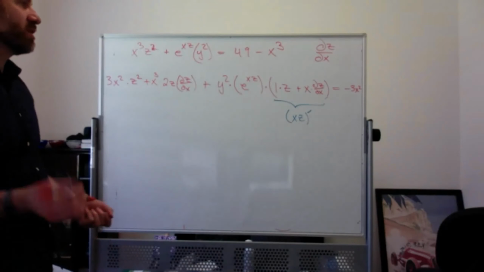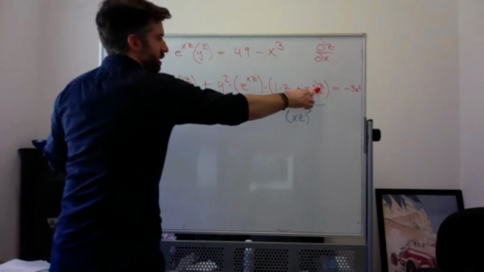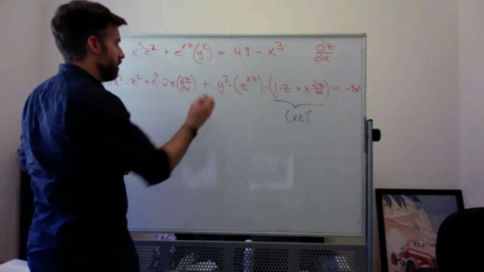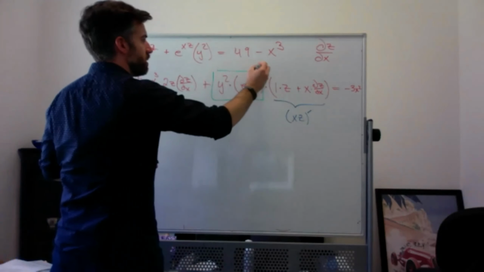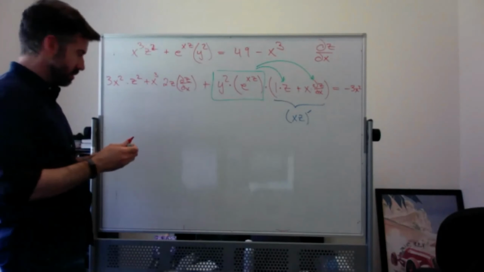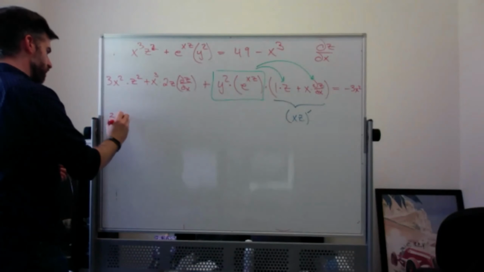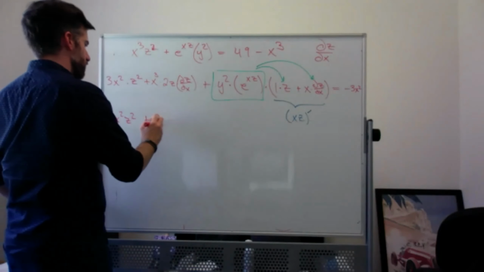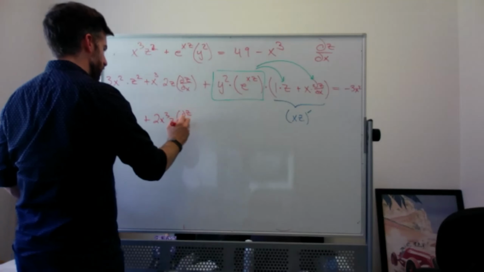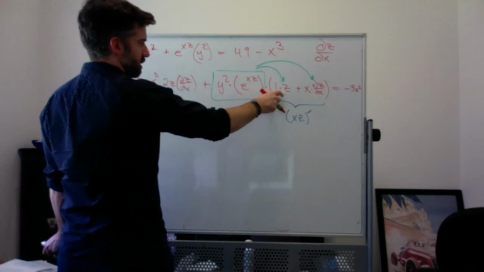This one has an additional algebraic terrible thing in that to get the del z del x here, you have to distribute this to each of those terms. So let's see what I've got. I've got 3x squared z squared plus 2x cubed z del z del x plus y squared times e to the x z times z.